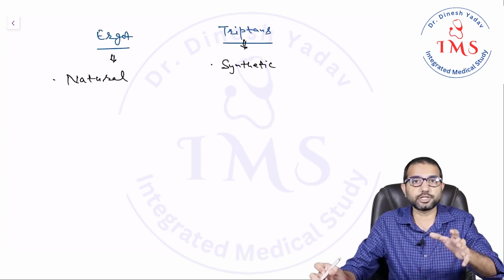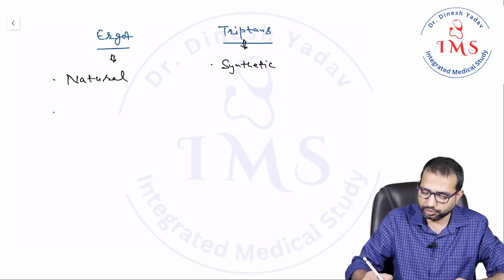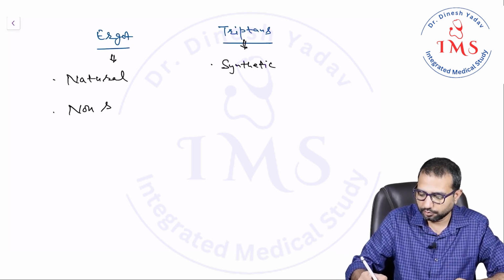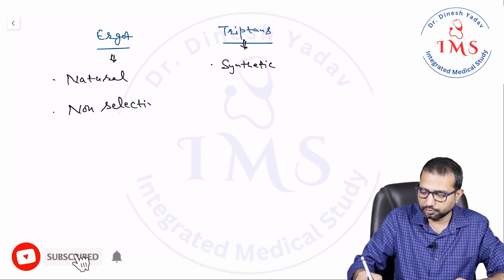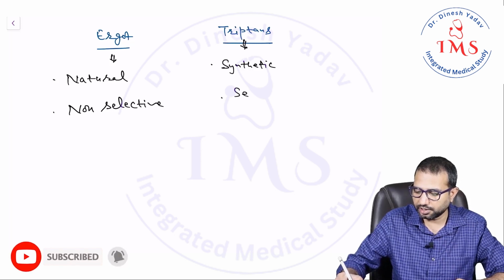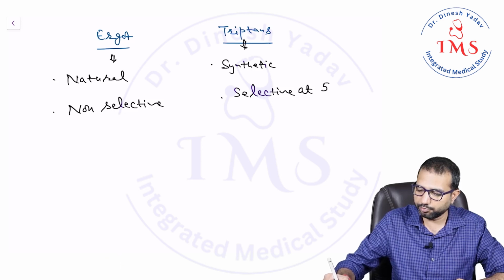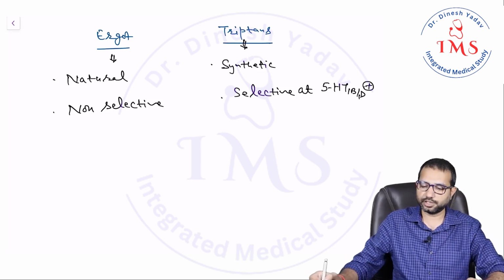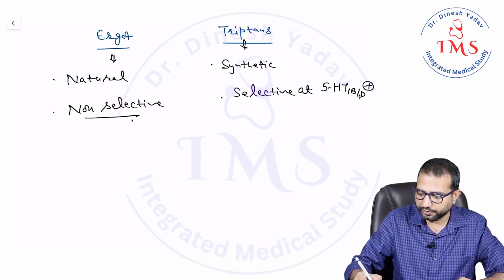And I told you the difference between natural and synthetic because these natural ones are not selective, they are non-selective. But these triptans are selective at 5-HT1B, 1D; they are 5-HT1B, 1D agonists. Ergots are non-selective, they have an effect on 5-HT2.